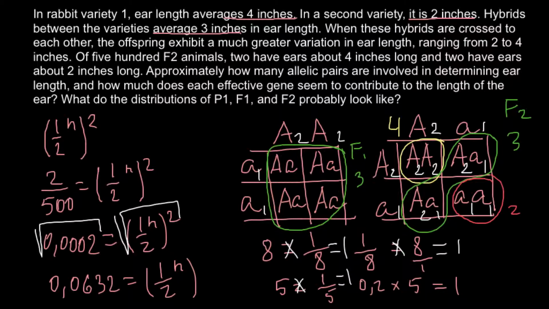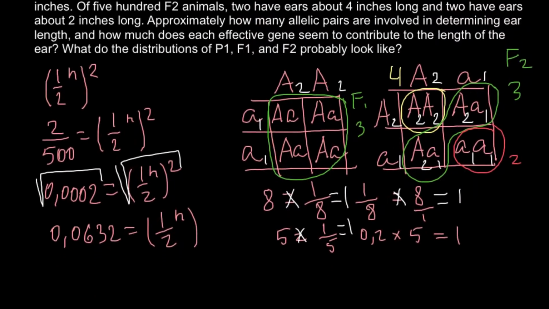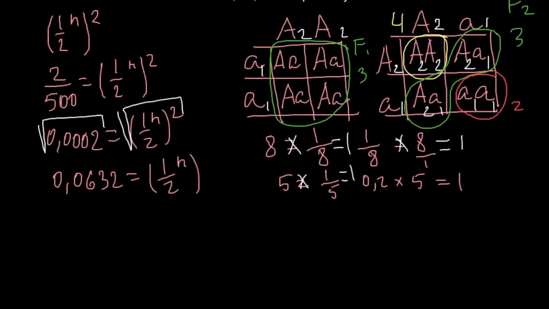So what would be the reciprocal of 0.0632? This is easy to find. We just have to divide 1 by this number, and we are going to find the reciprocal. When we multiply two reciprocals, we are going to get 1.